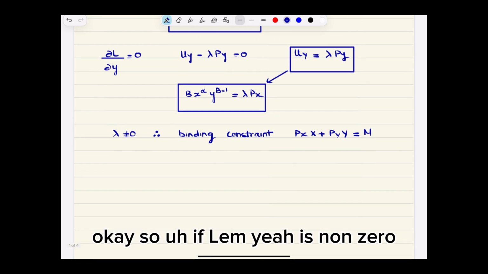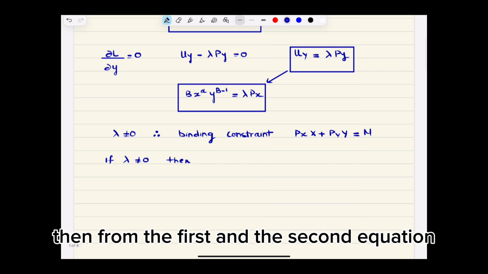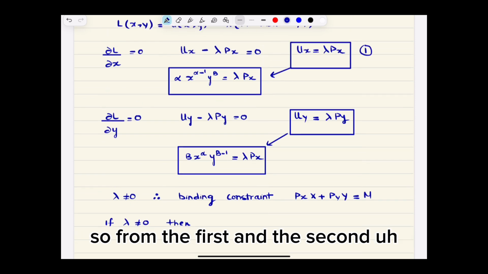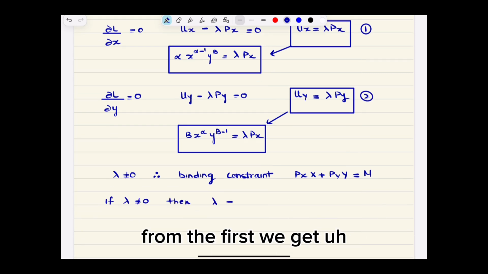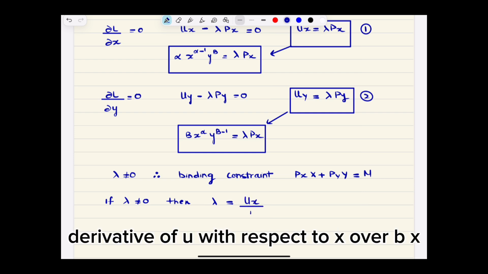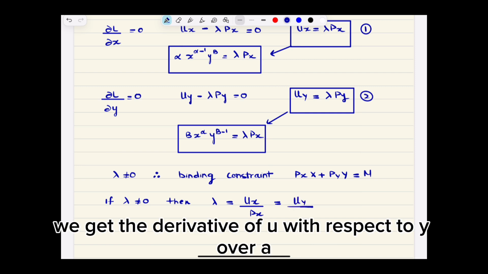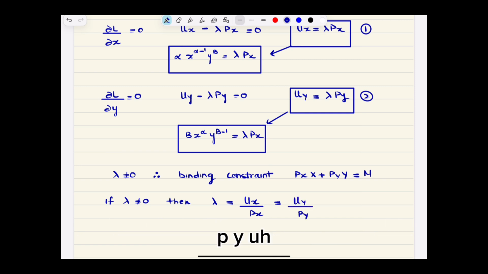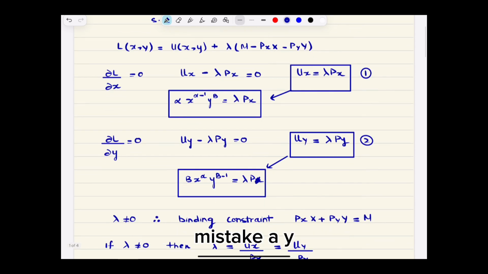Okay, so if lambda is non-zero, then from the first and the second stationary condition, we get the value of lambda. From the first, we get the derivative of u with respect to x over px, and from the second, we get the derivative of u with respect to y over py. Why did I put px here? Oh, that's just a silly mistake.